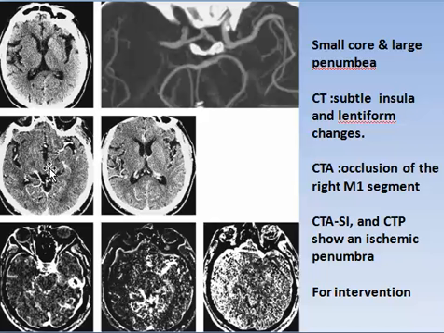In CTA, we have definite occlusion of the middle cerebral M1 segment. In CTA axial source images and CTP perfusion studies, volume, flow, and MTT, there is a large ischemic penumbra here.